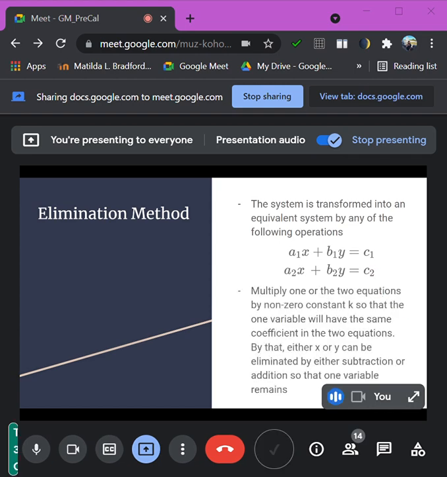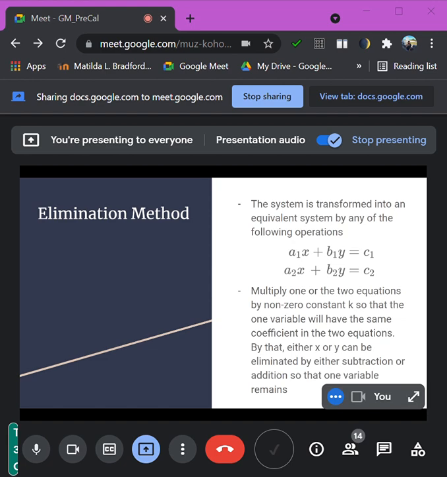So multiply one or more equations by a non-zero constant so that one variable will have the same coefficient in the two equations. By that, either x or y can be eliminated by either subtraction or addition so that one variable remains. So, usara gyud ang ato ang goal ani nga class.